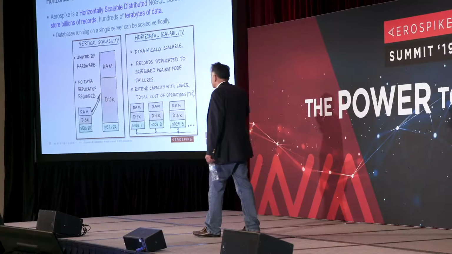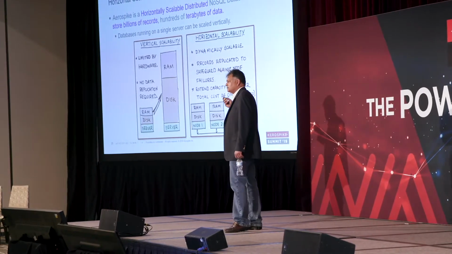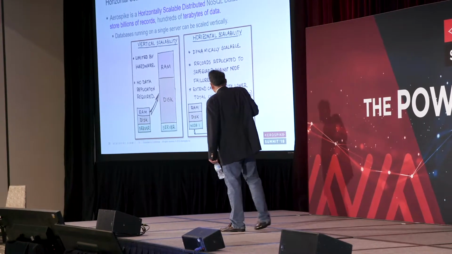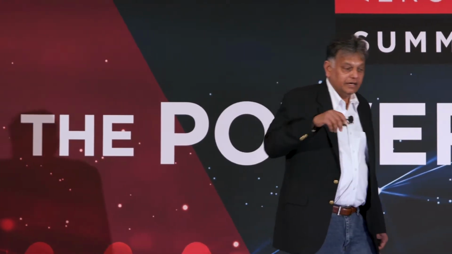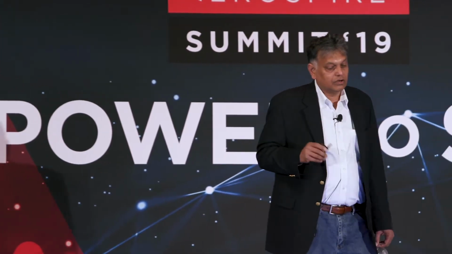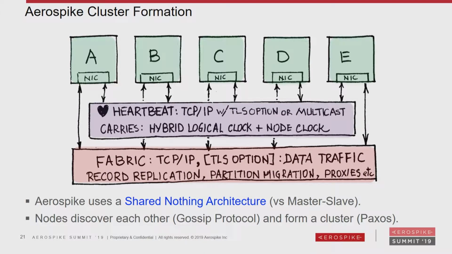So in order to deal with it, you want to keep replica copies always. So there's at least a master and a replica copy. And that allows you to extend the capacity and achieve much lower total cost of operations. Okay?